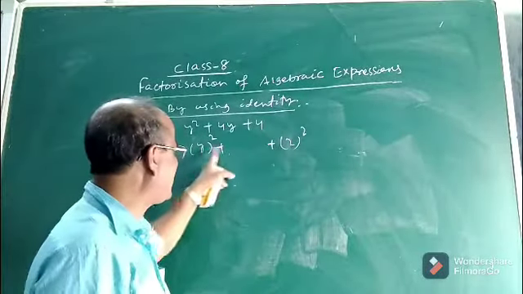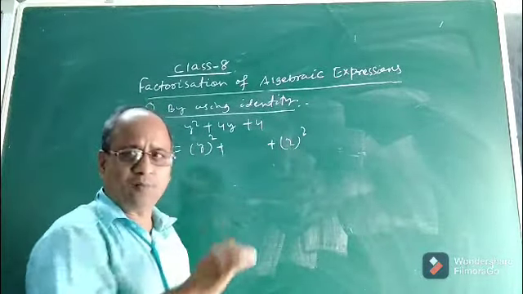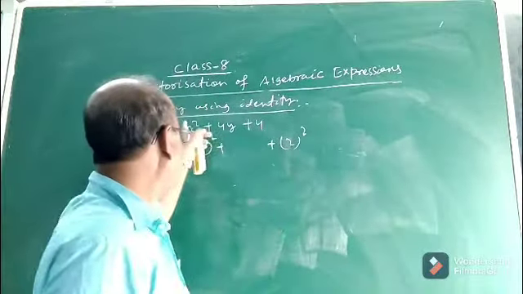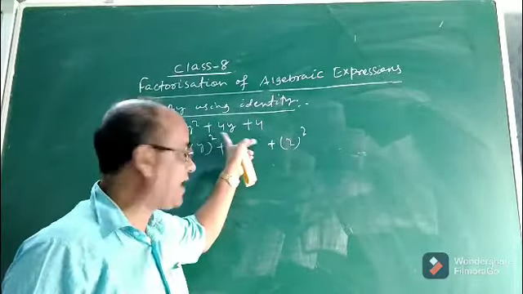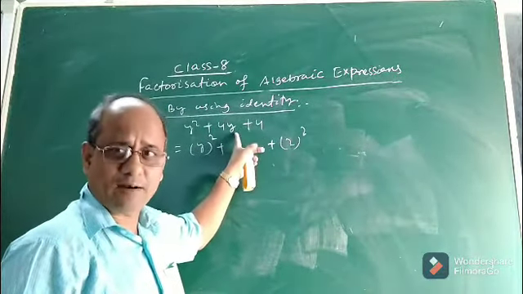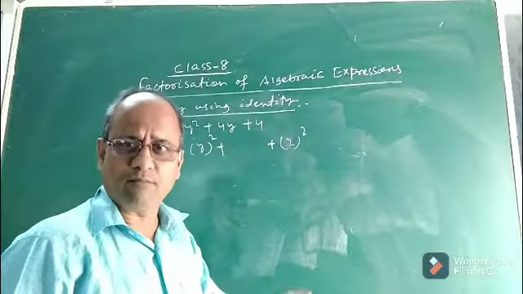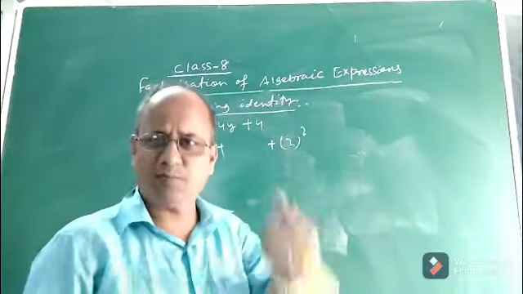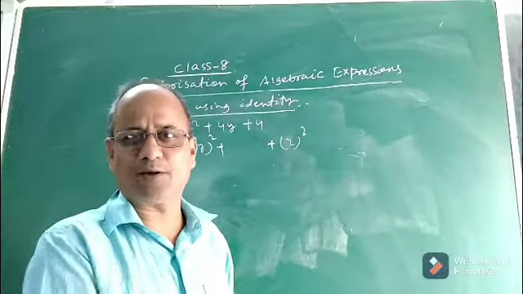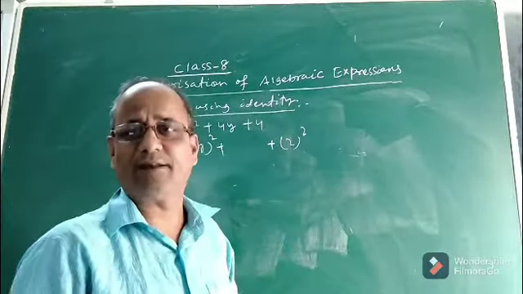If you take y as a and 2 as b, we know the formula a square plus 2ab plus b square. If this expression can be brought to the form a square plus 2ab plus b square, then you know the formula is a plus b whole square, and in place of a and b we will put the respective values.